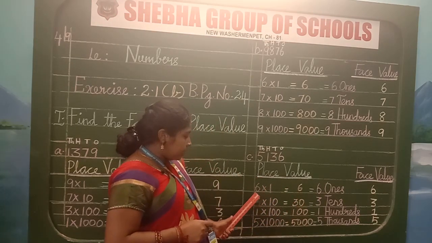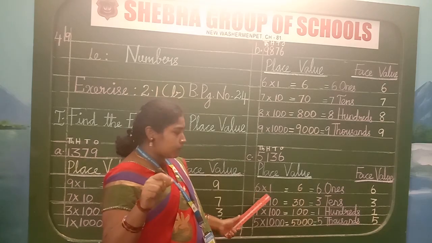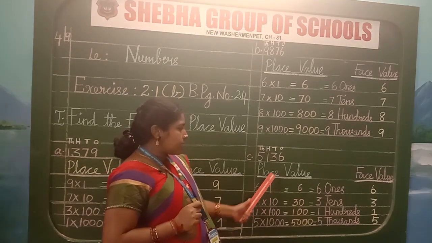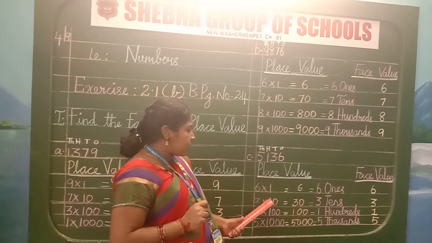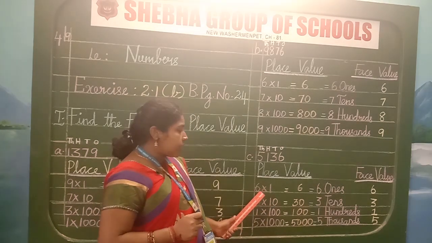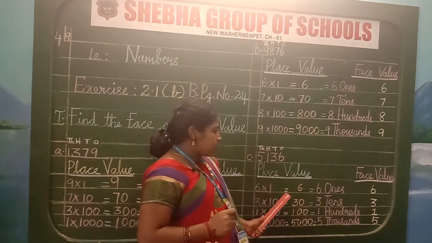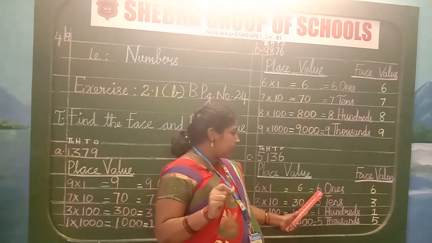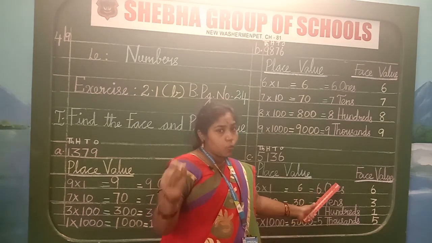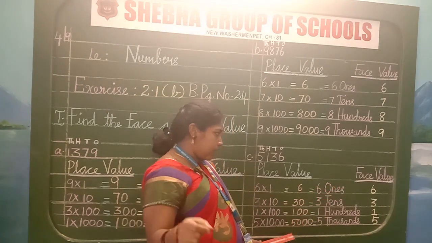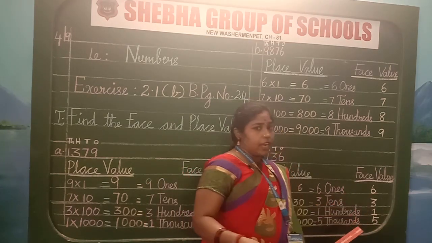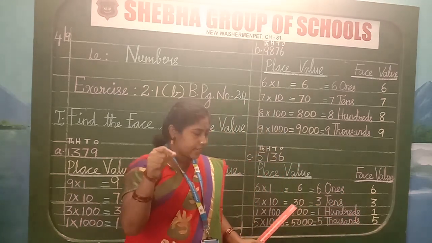After this, write the number 6 ones, because 6 is in the ones place value position, equal to 6 ones are 6. We can write it in words as 6 ones, O-N-E-S, ones. In the face value, write it as 6.